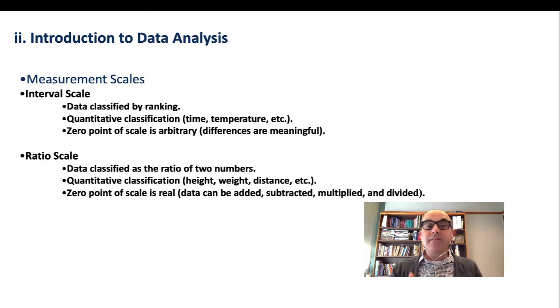We also have the interval scale, which is data classified by ranking. And the idea here is that, again, there is a 0 point of scale in order for us to evaluate. However, the issue is if you find data, for example data that you collected from Twitter, or data that you collected from the federal government or the state, how do you have the ability to measure its scale?